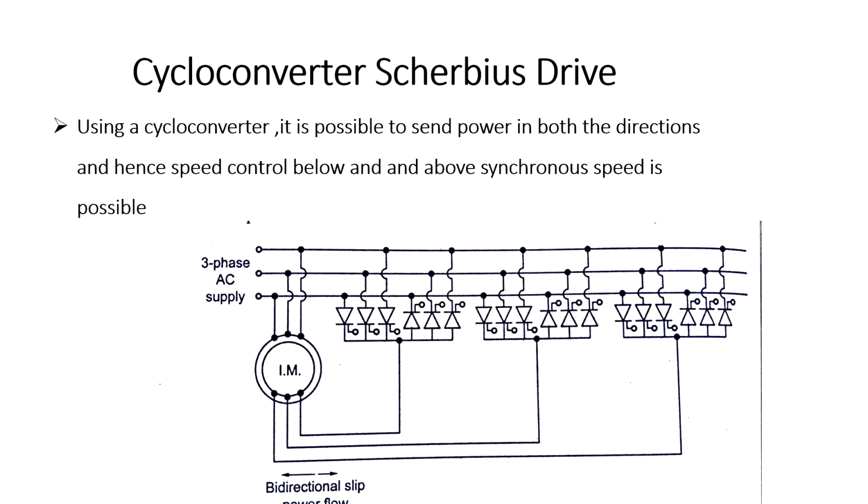Also, it allows regenerative braking, during which the power is fed back to the supply, like the DC link Scherbius type. This scheme also offers a constant torque operation. This is a cycloconverter static Scherbius drive.